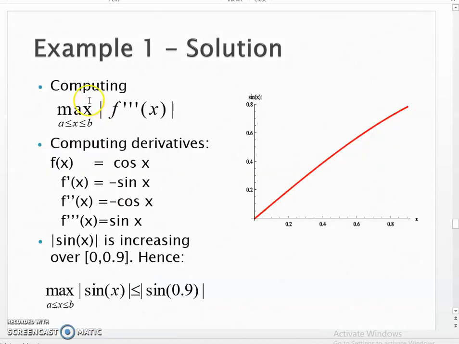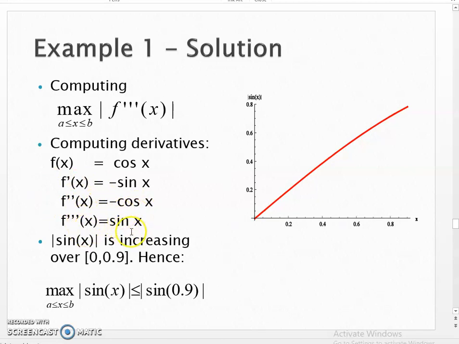So we simply need to differentiate cos x, since the function is given by cos x. If we differentiate cos x, we get negative sine x. The second derivative will give us negative cos x, and the third one will simply be sine x.